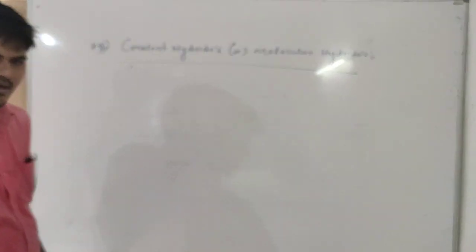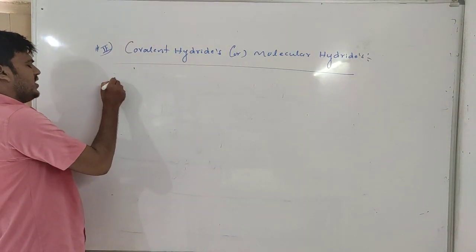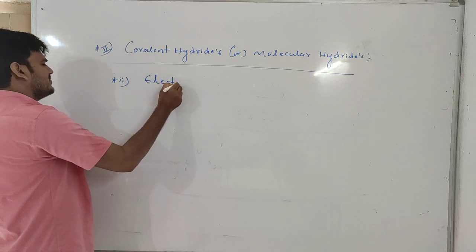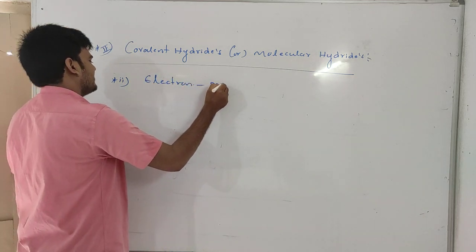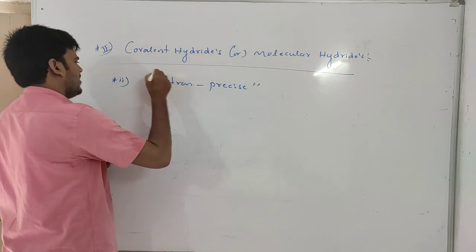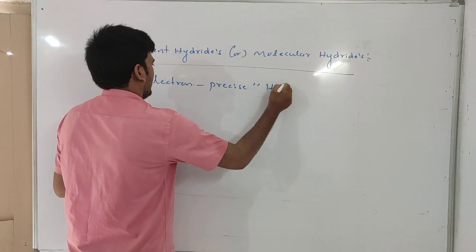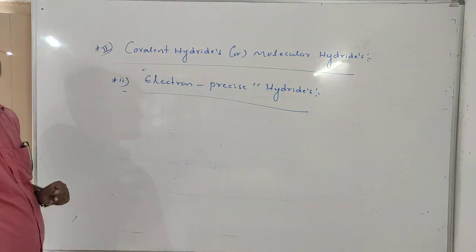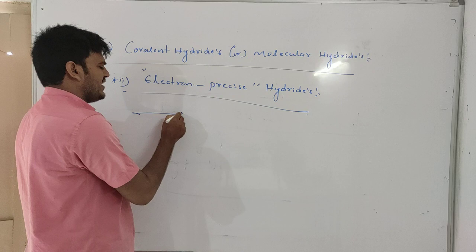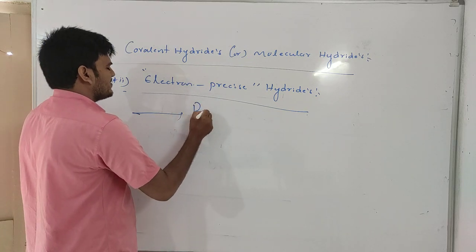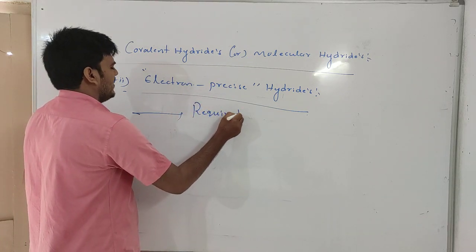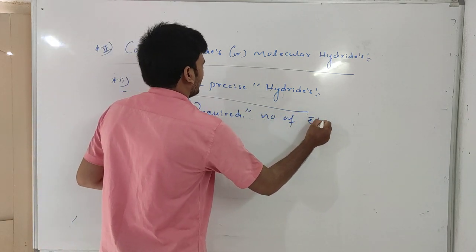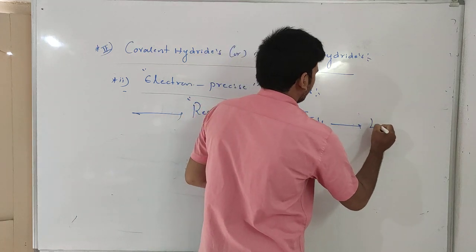Next, the second one, electron precise hydrides. Very simple. Electron precise hydrides have the required number of electrons to write the Lewis structure.